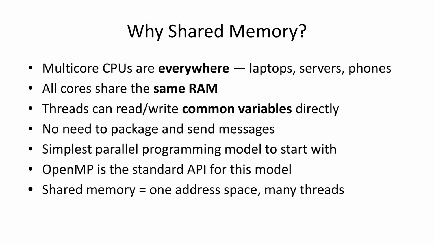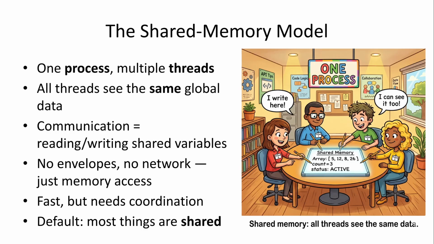So in short, what is shared memory? It has one address space and many threads trying to read and write to some common variables, and communicate with each other via these common variables. In simple language, what we have here is one process with multiple threads, and they have the same global data that they can read, write and access.